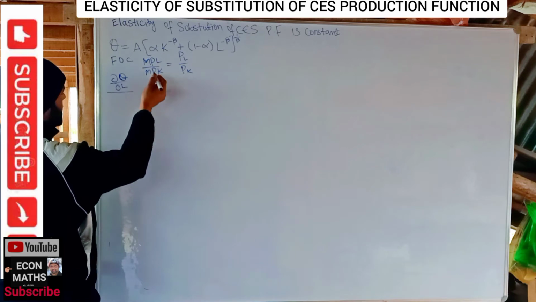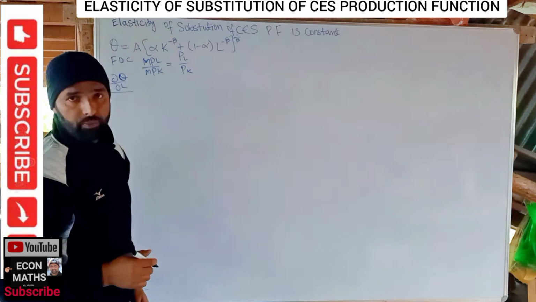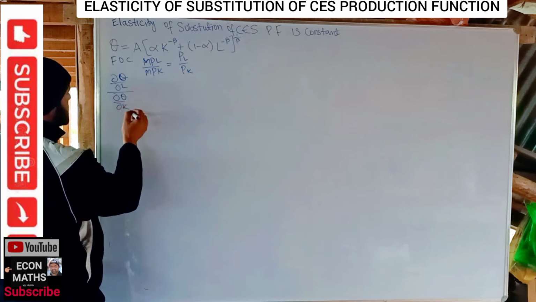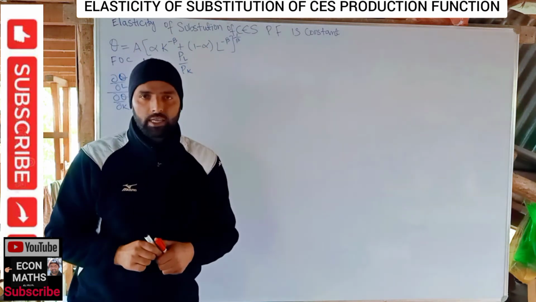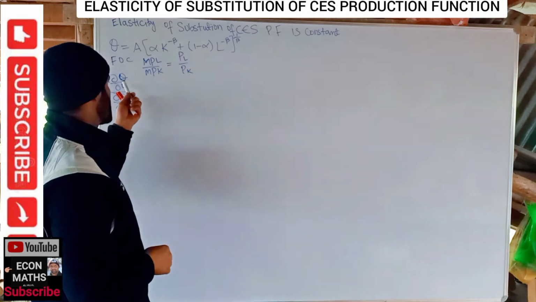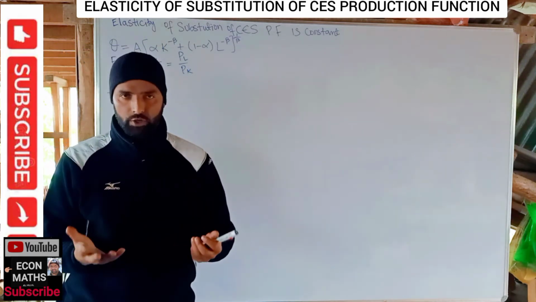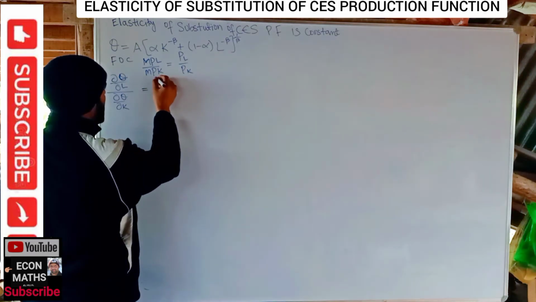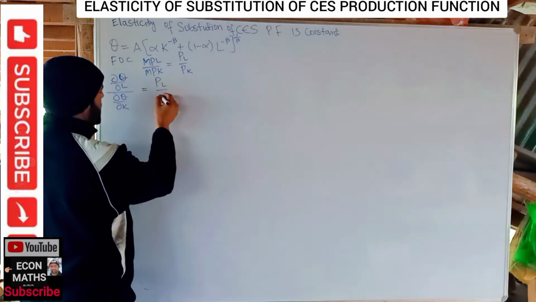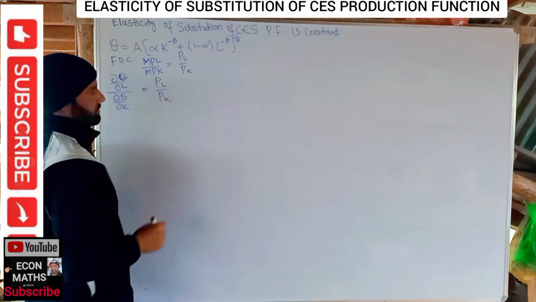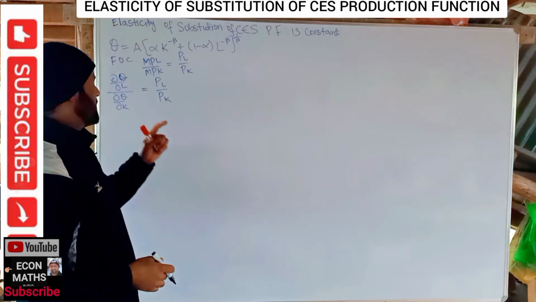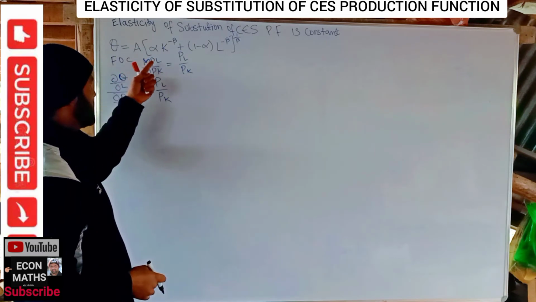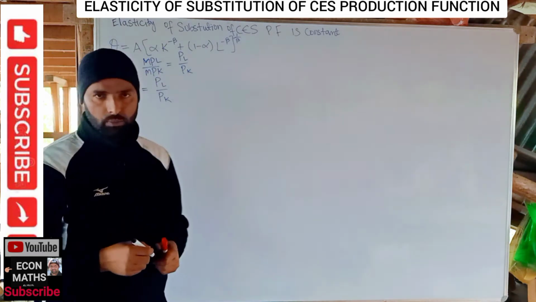Similarly, the marginal productivity of capital is dQ divided by dK. That means partially differentiating the given production function with respect to L and K gives us the marginal productivity of labor and capital. It should be equal to the input price ratios. Now we have to first calculate the derivative dQ divided by dL, that is the marginal productivity of labor, and then the marginal productivity of capital.